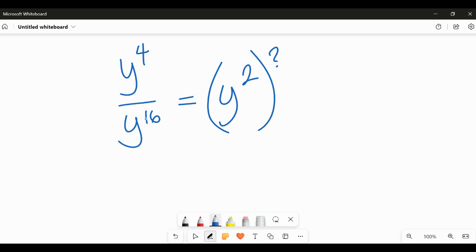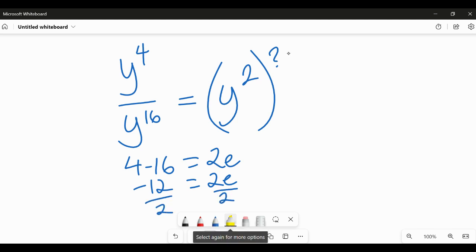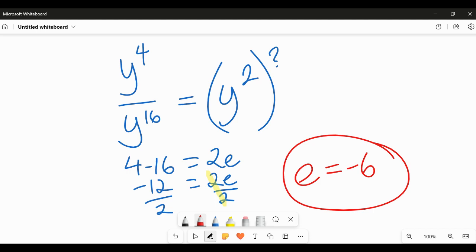Again, dividing with the same base, when you divide, you subtract the exponents. 4 minus 16. Power to a power, you multiply, so 2e. 4 minus 16 is negative 12. Divide both sides by 2. Those cancel. Negative 12 divided by 2 is negative 6. There's my answer.